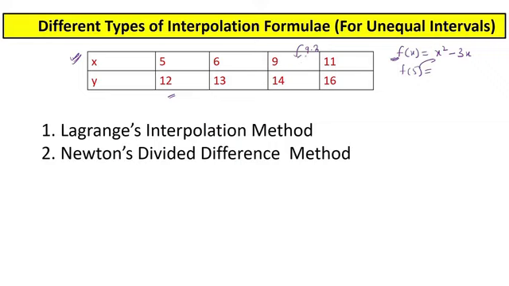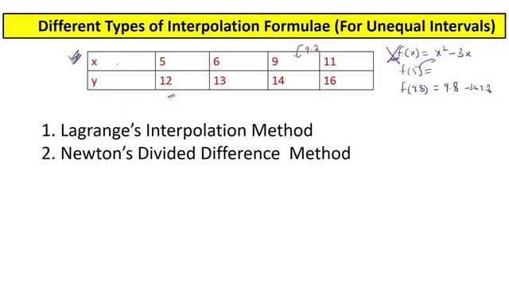Then if we are asked for the value of y at x equal to 9.8, you can simply put 9.8 in this function and find the corresponding value of y.